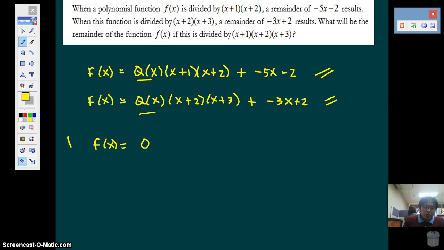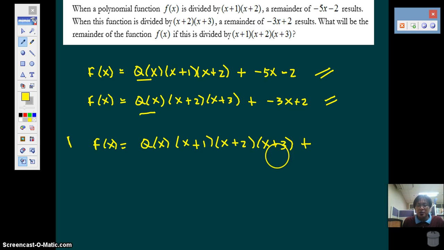So it's another quotient multiplied to these three divisors, x plus 1, x plus 2, and x plus 3, and then the remainder. Notice that when you multiply these three, you get a third degree polynomial, so your remainder must be a second degree polynomial of the form ax squared plus bx plus c.